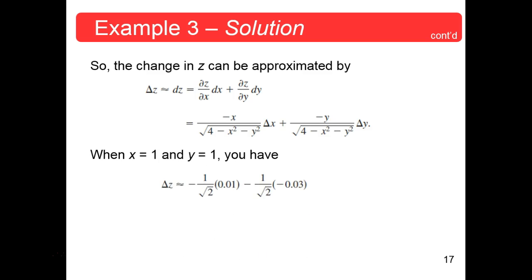And when x and y are equal to 1, the delta z is, they never actually finish the problem. And now they're calling that delta z rather than dz. That's 0.0141, exactly like we got, right?